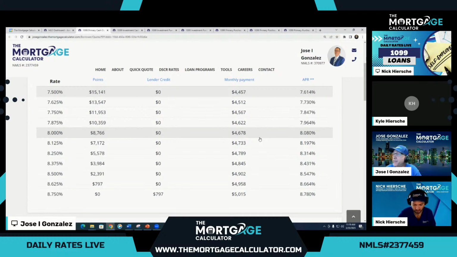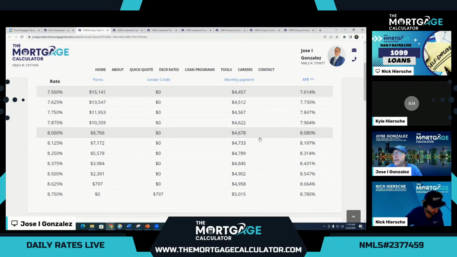Pretty high LTVs. You can take that primary up to 90% on a purchase, 85% on a cash out refi, and you can take the investment property up to 85% LTV on a purchase and 80% on a cash out refi.